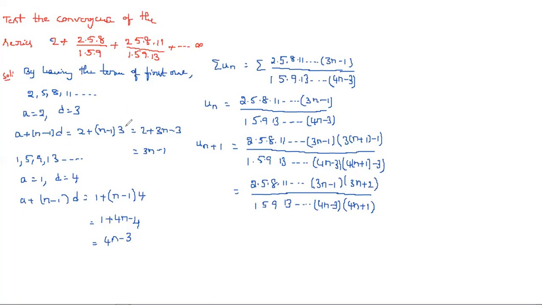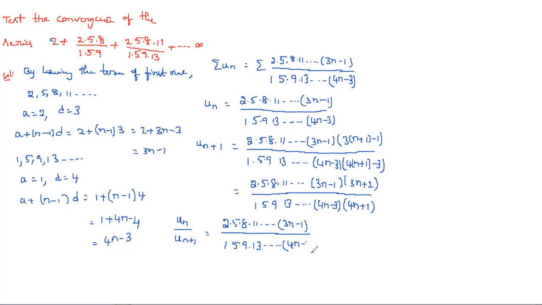Now we need to find un by un plus 1. So un is the total one, 2 5 8 11 and so on, 3n minus 1, by the denominator 1 5 9 13 and so on, 4n minus 3.